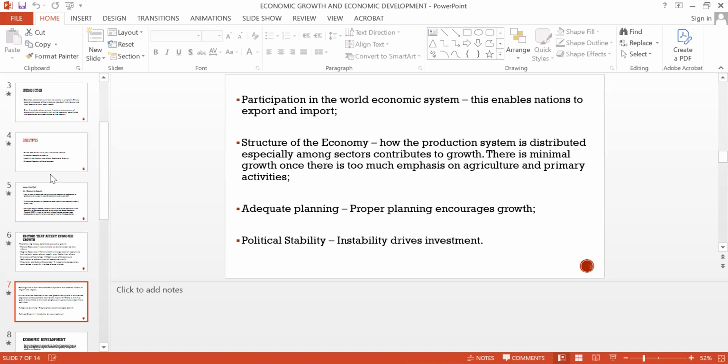With bandits, even the farming, the so-called primary activities of the traditional stage, cannot be done at its maximum level. People cannot even go to the farm. That country cannot develop. It continues to borrow and rely on external funds to survive. Political instability chases investment away.